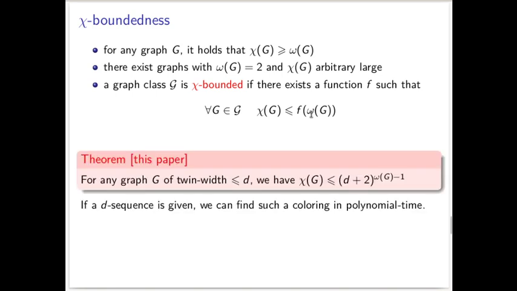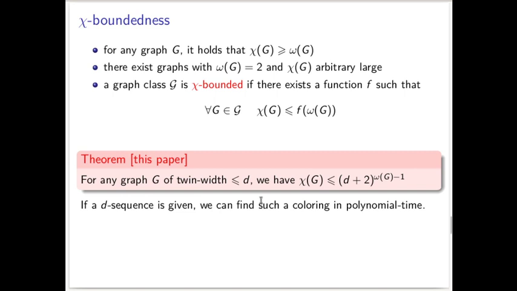Still using our D-sequences, we were able to prove, with a quite simple proof once again, that bounded twin-width graphs are chi-bounded. That is, they can be colored with at most D plus 2 to the power of omega of G minus 1 colors. And this coloring can be found in polynomial time if a D-sequence is given.